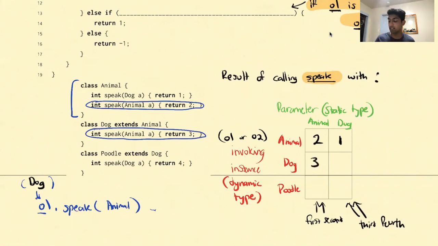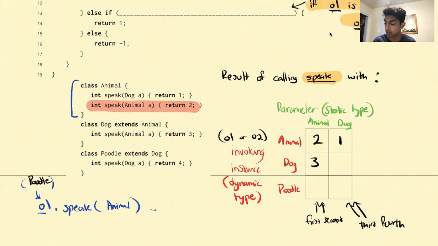And I think it's actually easier just to deal with this next case. So let's quickly deal with that. Okay, so suppose that o1 is a poodle, and then you do speak to animal. During compile time, since its static type is animal for o1, we will still lock in on this method signature. Then during runtime, we look in the poodle class for the speak animal method, but it doesn't exist.